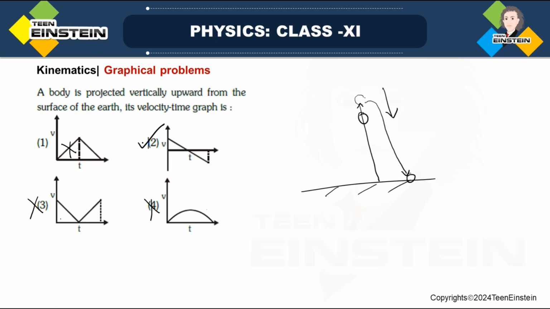So that's why it will pass through 0, and after 0 it will be negative. This is appropriate because here all the quantities are positive only, but this is not possible. So option 2 will be the correct answer for this question.